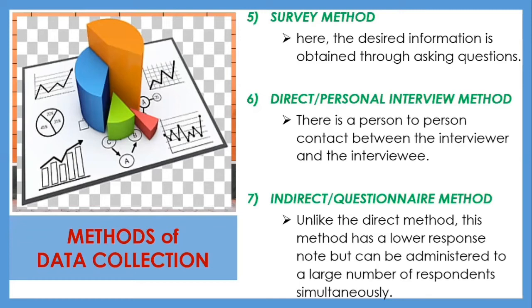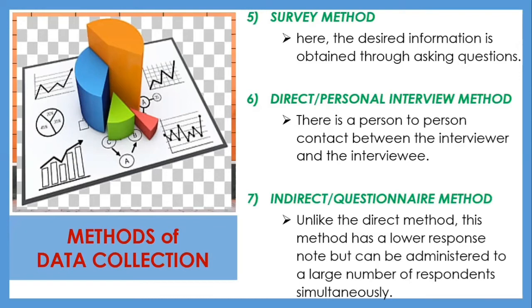On the other hand, the indirect or questionnaire method is considered the easiest method of data collection through the use of a questionnaire or a data gathering tool. Unlike the direct method, this method has a lower response rate but can be administered to a large number of respondents simultaneously.